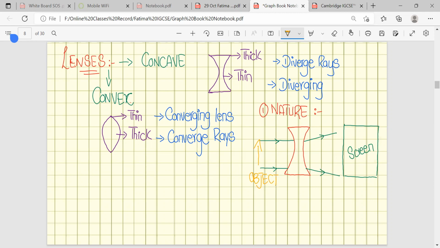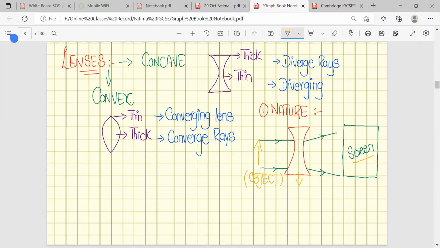Let's suppose there is a candle placed at the point of object, and in between the screen and the object there is a concave lens which is diverging, and next to it there is a screen on which we want to observe the image of the candle, right?